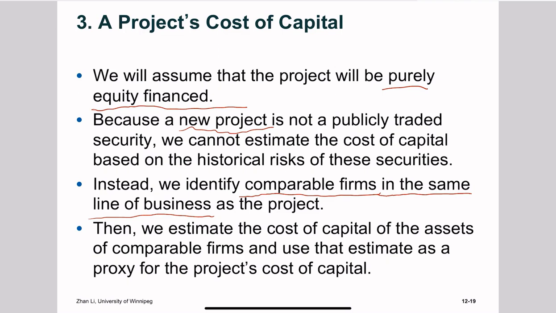So that's the basic idea here. More specifically, in terms of estimating the cost of capital, you would use the cost of capital of the comparable firm as a proxy for your project's cost of capital.